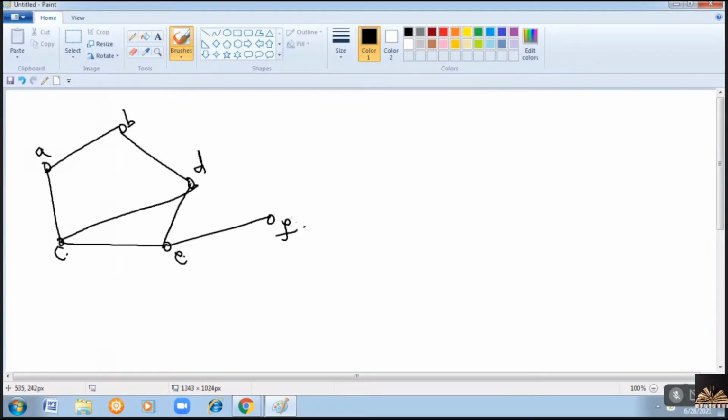Now you consider this graph. Cut edge means what? After removing an edge, if the graph becomes disconnected, we'll call it a cut edge, right? So when you observe in this graph, what is the edge that I have to remove to make it a disconnected graph?